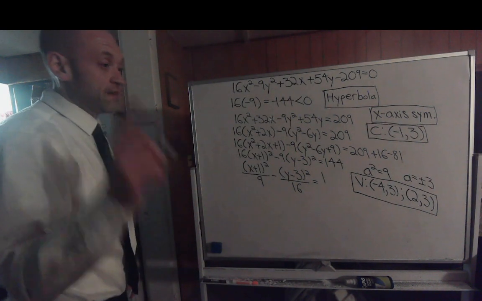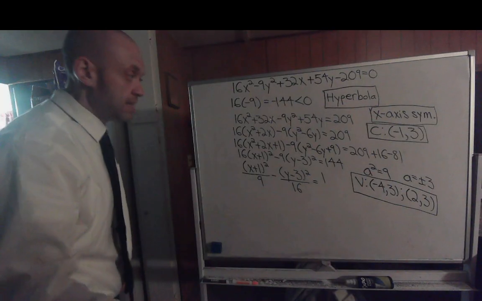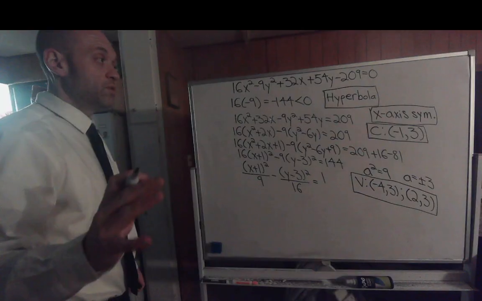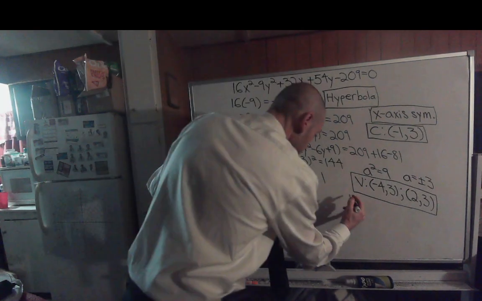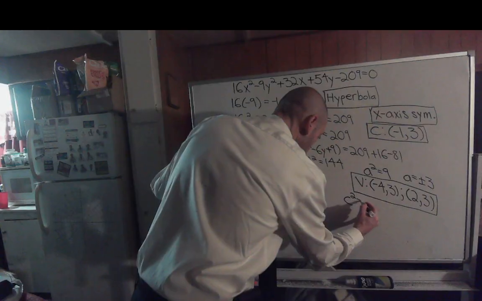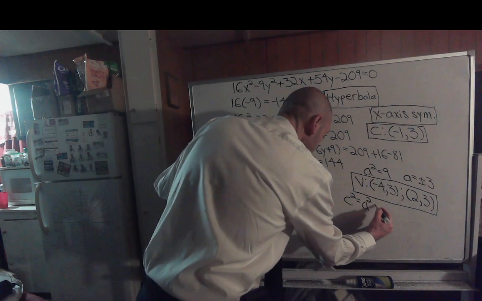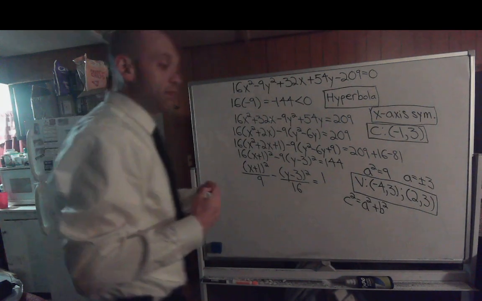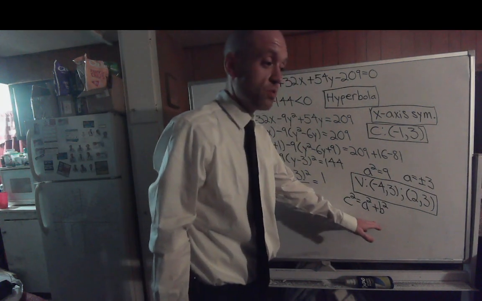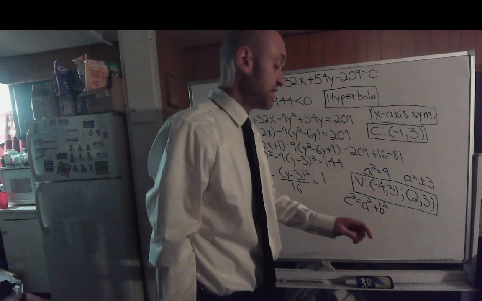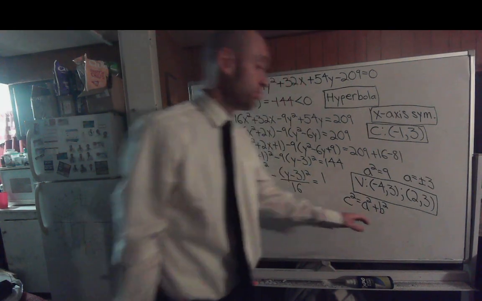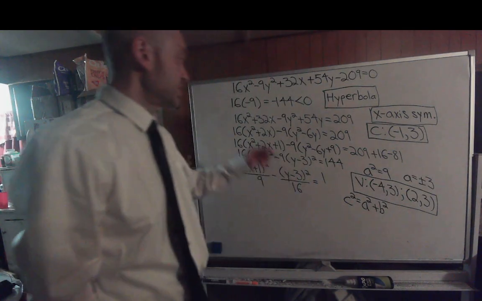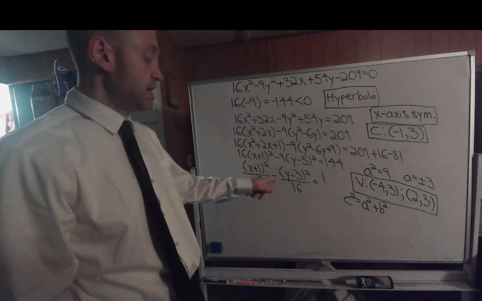Now I need to find the foci and asymptotes. To find the foci of a hyperbola, it's c squared equals a squared plus b squared. An ellipse was c squared equals a squared minus b squared. A hyperbola is c squared equals a squared plus b squared. You could think of it as the opposite of the sign in the standard form.